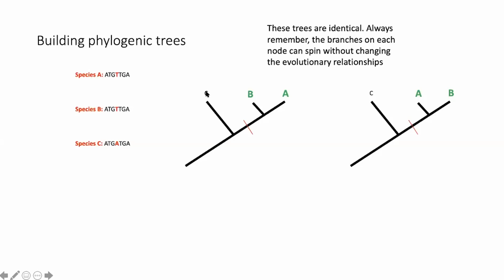But actually, the information embedded in this phylogeny suggests that A and B are equally distinct from C. So when you have a node, you can actually flip the order of all of the descending taxa around, and it provides the exact same information.